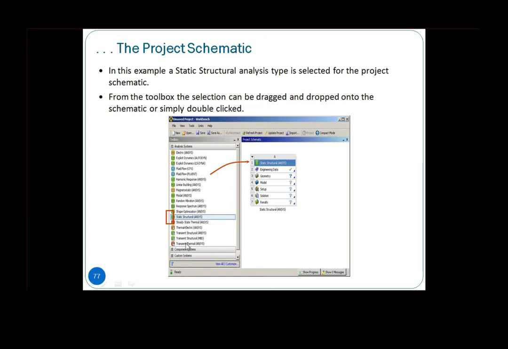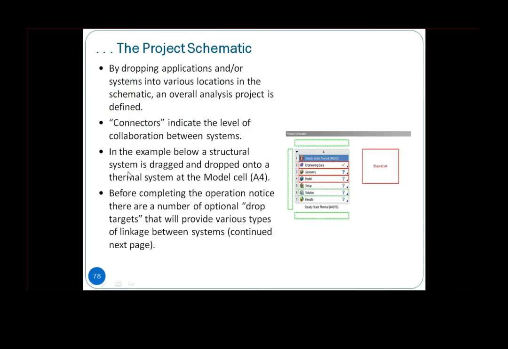Then probably you have to link between them. How to link them? Probably, like what it's stated here, you have to drag the analysis towards what we call the analysis that are available in your project schematics.